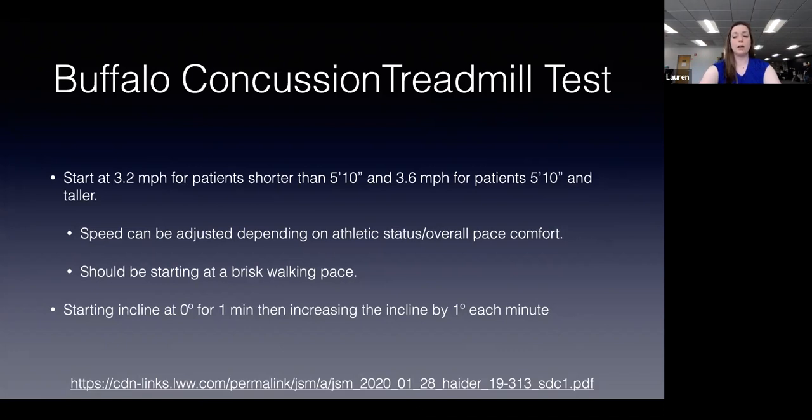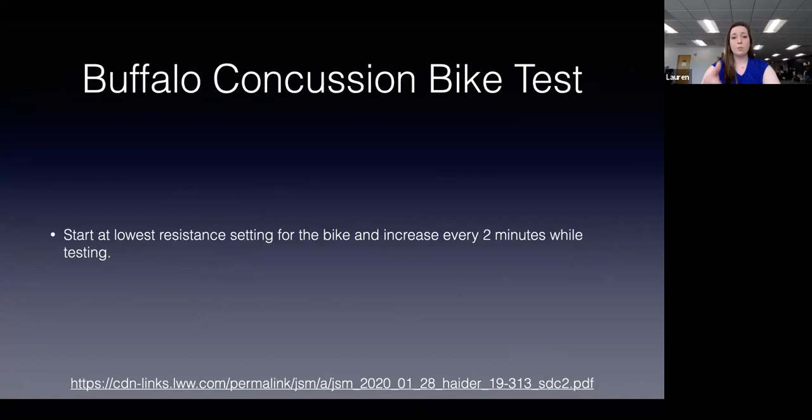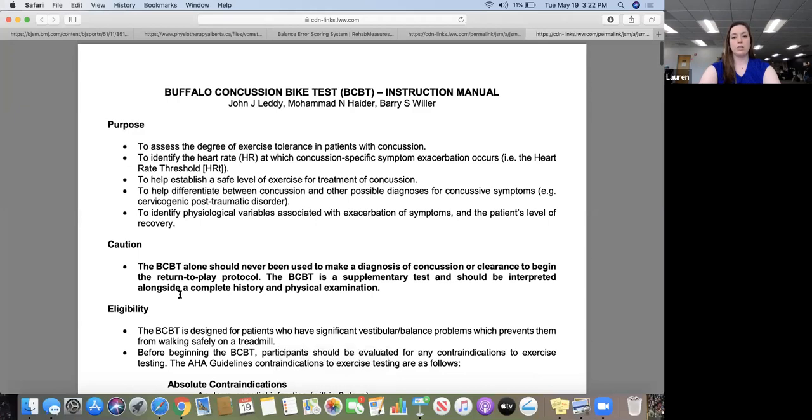Since Bethlehem and now Bangor don't have a treadmill, the Buffalo Concussion Bike Test is a modified version of it. If you start at the lowest resistance setting for the bike and then increase every 2 minutes during testing, the outcomes have been very similar to the treadmill test.